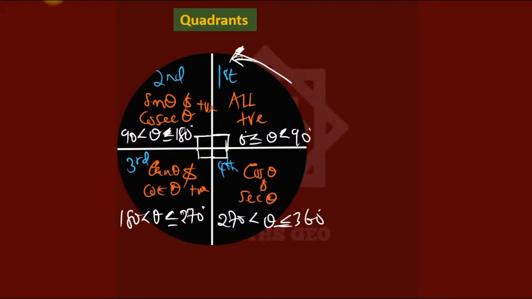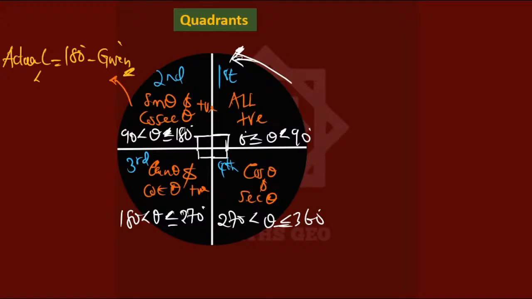The final thing we need to know is that we don't normally have problems in the first quadrant. So angles within the second, third, and fourth quadrants, we need to convert to a first quadrant angle. How do you do this? In the second quadrant, the actual angle you are going to use is 180 minus the given angle.